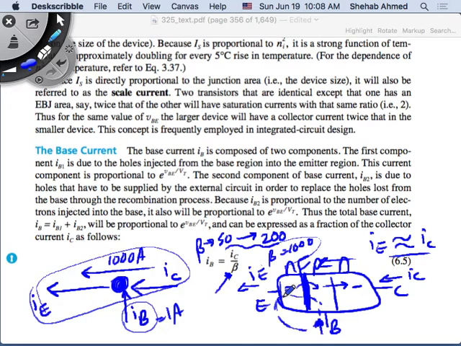The electrons, as soon as they pass through, see a very narrow base and a big electric field. They are pushed straight through. So really, it's mainly due to some of the electrons that are diffusing from the emitter to the base, and the holes that are diffusing from the base to the emitter side. So it's a small current. But it has to be there. It has to be there for the diffusion process to start.